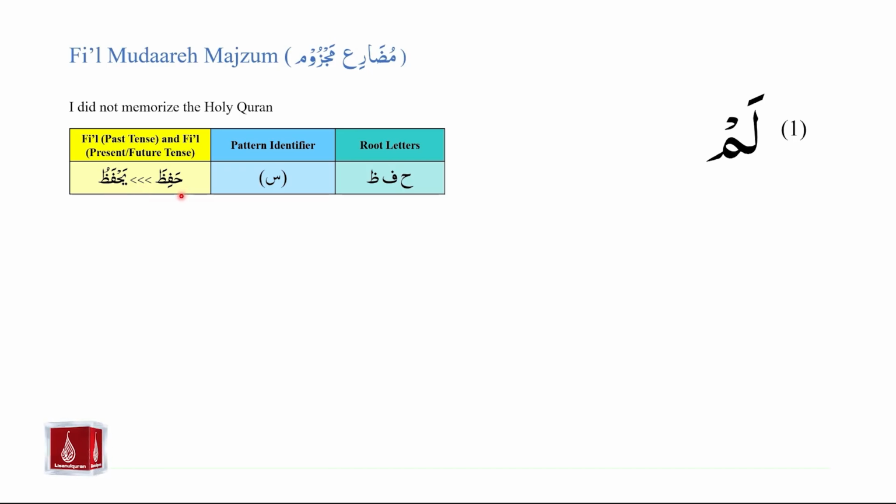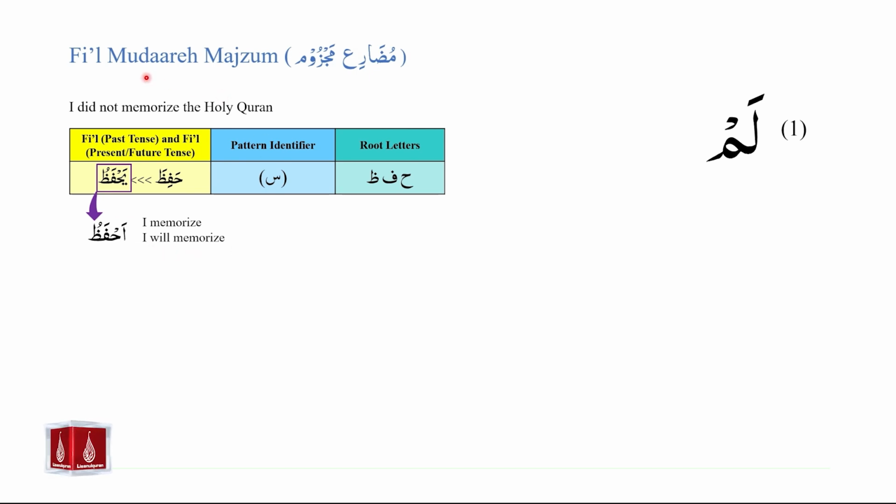Hafiza is fi'il mazi or fi'il in the past tense, and yahfazu is fi'il mudare or fi'il in the present or future tense. Specifically, yahfazu is fi'il mudare marfu. So we will try to recall our fi'il mudare marfu table. Yahfazu can be translated as he memorizes or he will memorize. For singular and first person, we will say ahfazu. Ahfazu can be translated as I memorize or I will memorize.